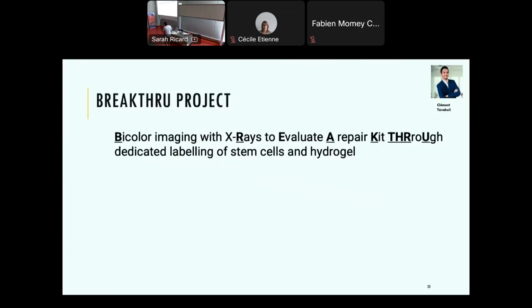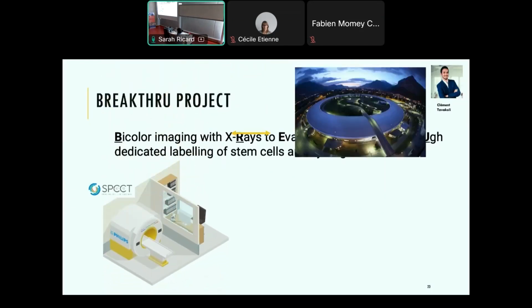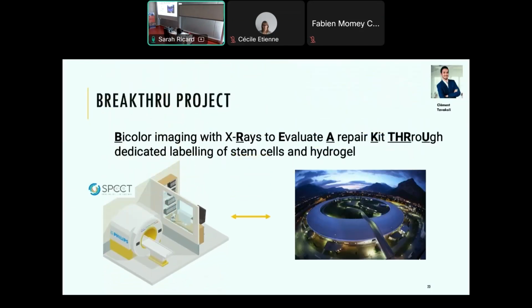So in the breakthrough projects, especially in Clément's PhD, what we did is the comparison between what we can get from the synchrotron and the clinical spectral CT. It was an INM project that will end in 2 months from now, and gathered several partners.